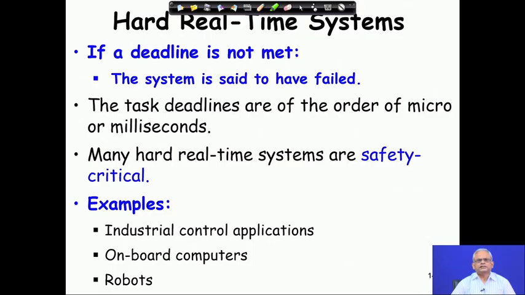Another characteristic of hard real time systems is that the time restrictions we give to the task are in the range of microseconds or milliseconds, not normally seconds, minutes or hours. And many hard real time systems are safety critical, for example industrial control applications, onboard computers, robots, etc.